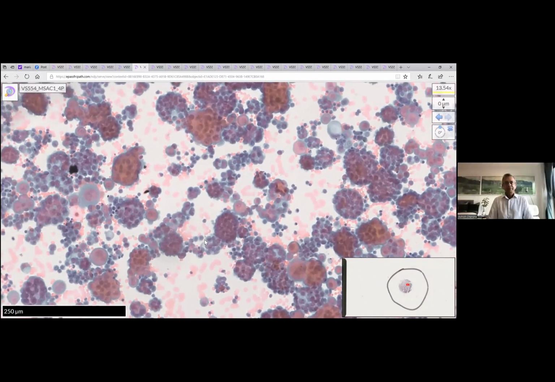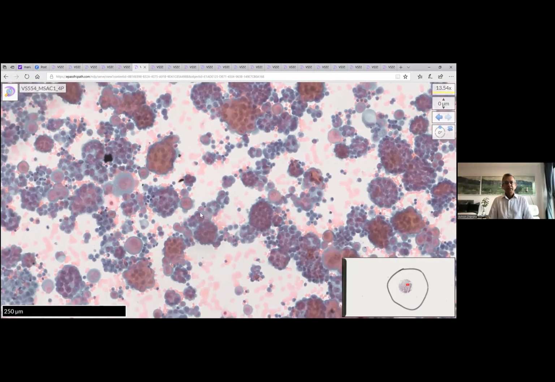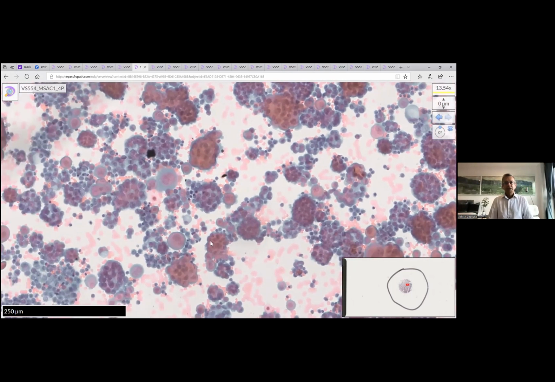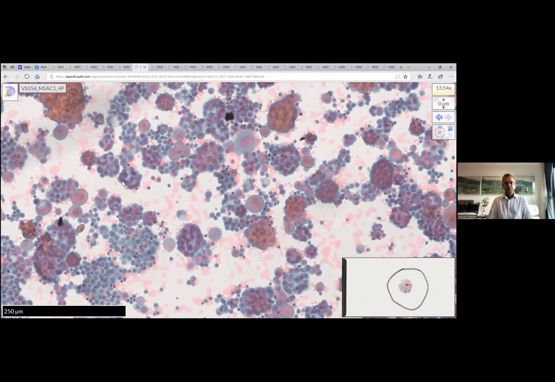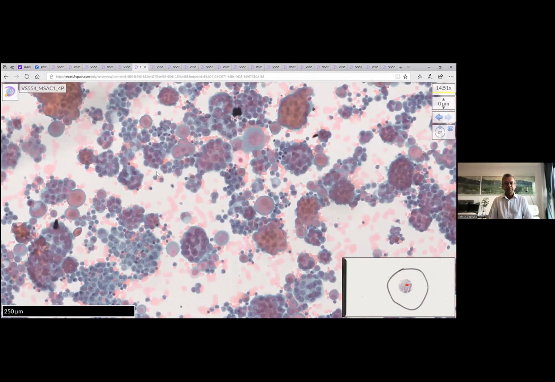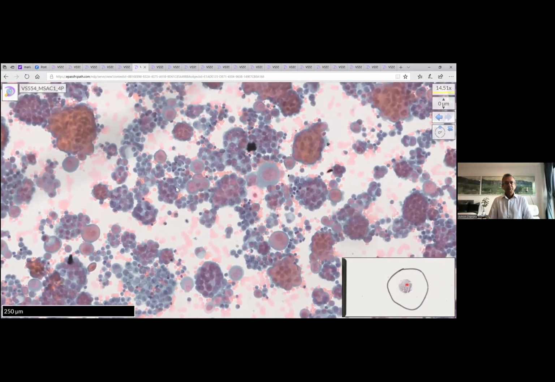And some comments starting to come in. Somebody talks about Mulberry clusters. Some talk about metastatic carcinoma, adenocarcinoma.